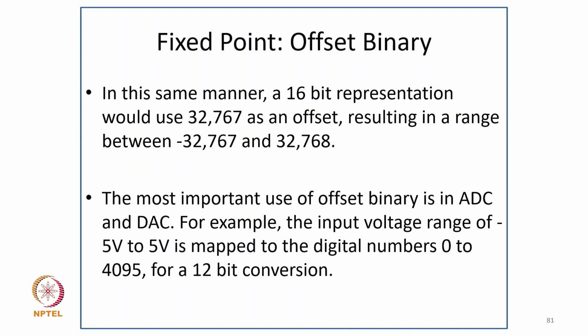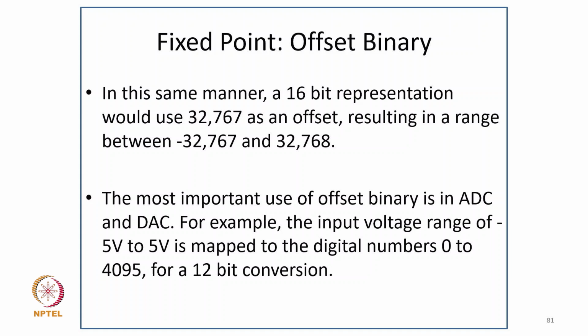In this manner, a 16-bit representation would use 32,767 as an offset, resulting in a range between -32,767 and 32,768. The most important use of the offset binary is in ADC and DAC.